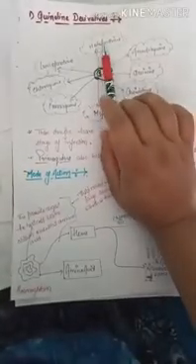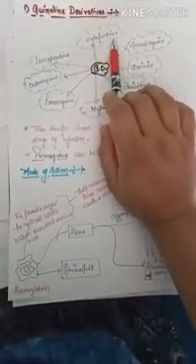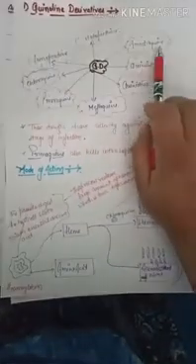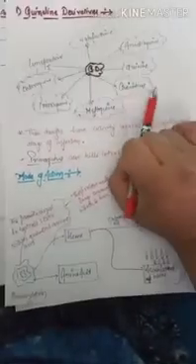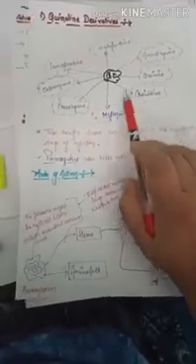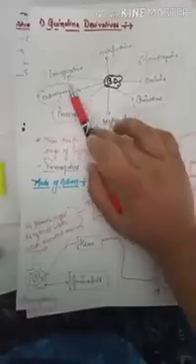First we discuss quinoline derivatives. Quinoline derivatives are subdivided into different drugs: halofantrine, amodiaquine, quinidine, mefloquine, primaquine, chloroquine, and lumefantrine.